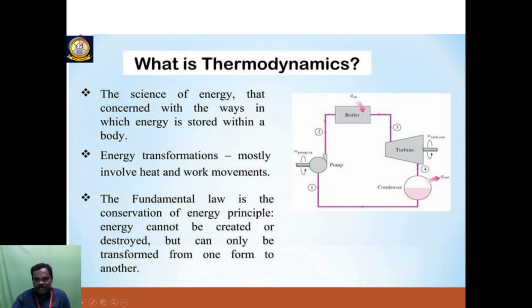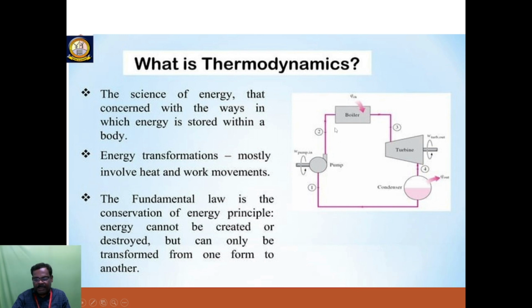If you see this simple diagram, you should know all the parts. One is the boiler, then you have a turbine and condenser, then a pump. This is also called the Rankine cycle. Here is how the heat energy is converted into work energy.